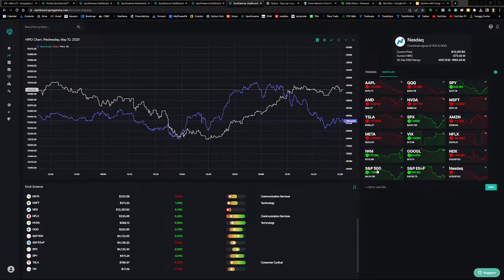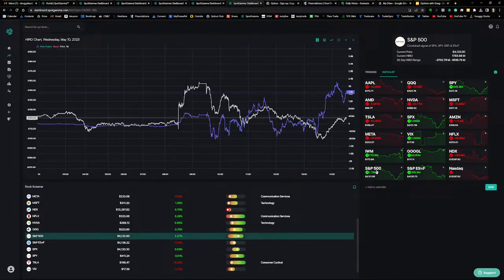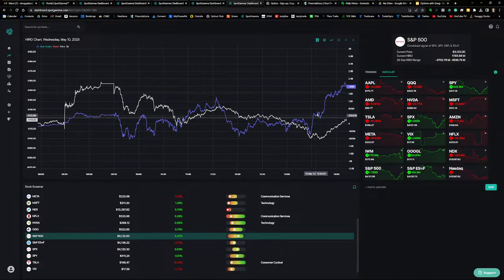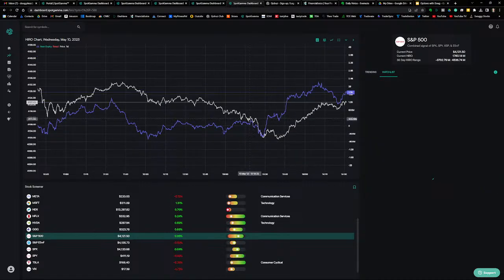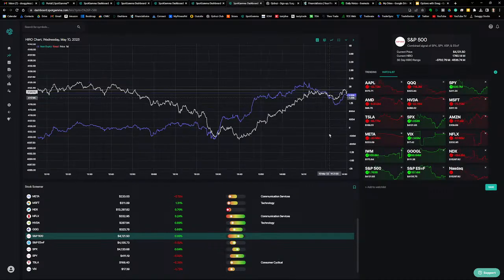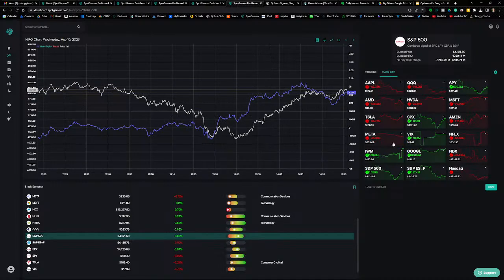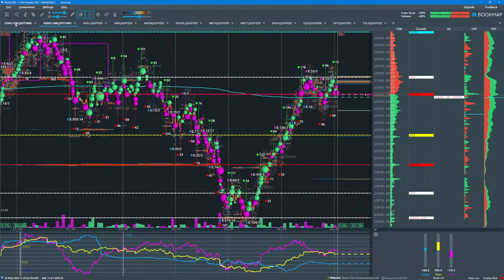Now let's take a look at the S&P 500. So right now for the S&P 500, it looks like Hero is continuing to move higher. Options traders are still taking positive delta positions. And we'll take a look at Bookmap, take a look at the S&P 500, then we'll call it a day.